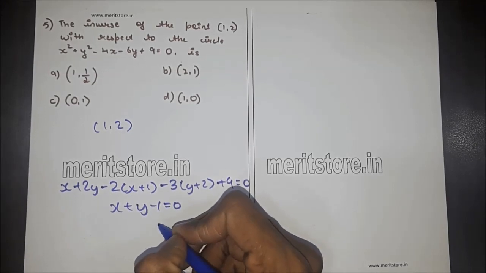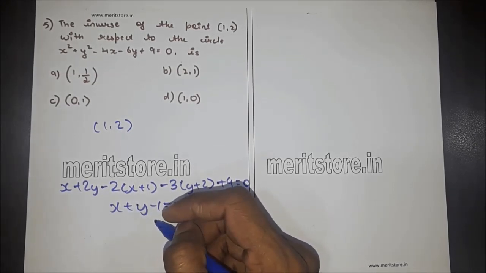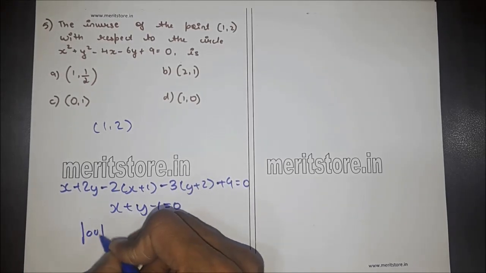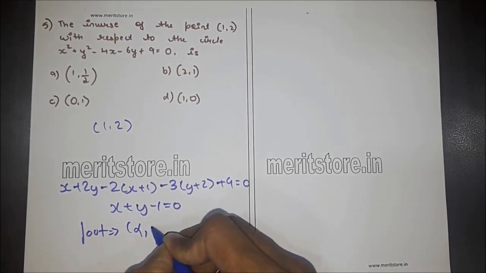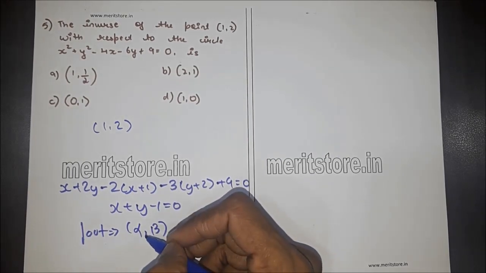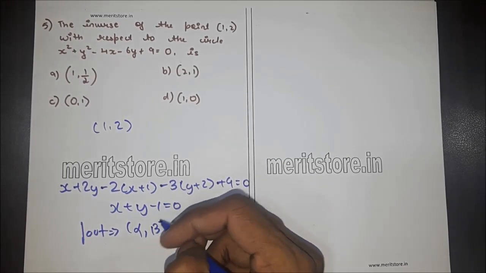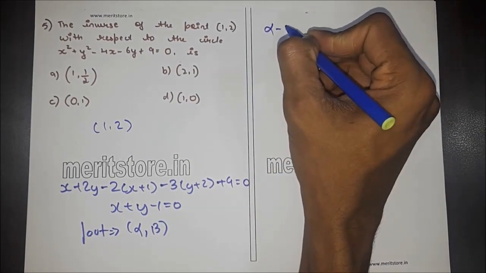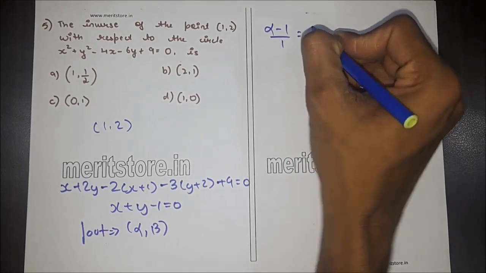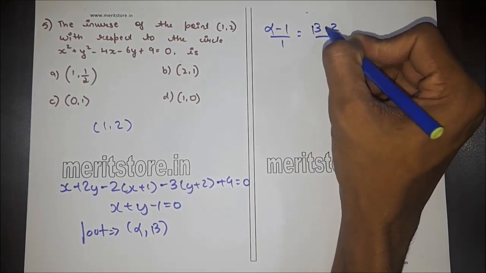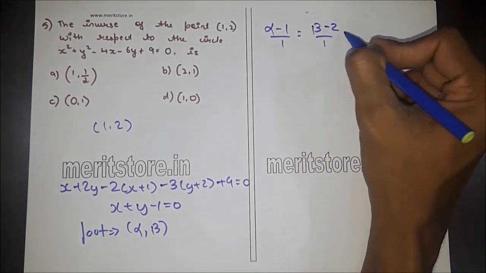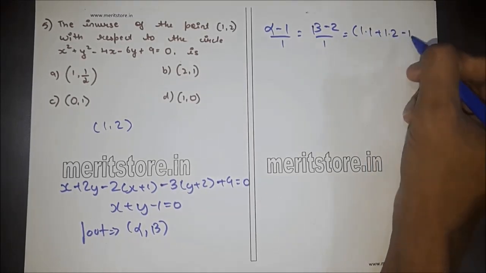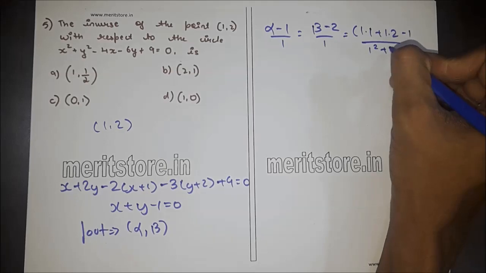Since the inverse of the point (1, 2) is the foot (alpha, beta) of the perpendicular from the point (1, 2) to the line x plus y minus 1 equal to 0, therefore (alpha minus 1)/1 equals (beta minus 2)/1, which equals minus (1 times 1 plus 1 times 2 minus 1)/(1² plus 1²).